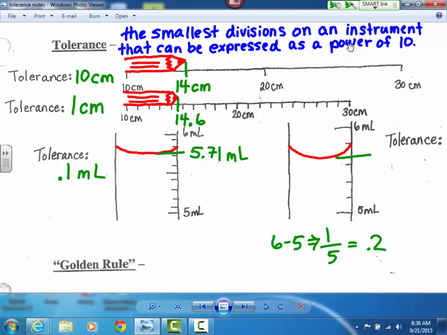That means we need to go to the next biggest set of lines. So the next biggest set of lines is from here to here. What does that count by? 1s. Is that on our list? Yes. So the tolerance is 1 milliliter.